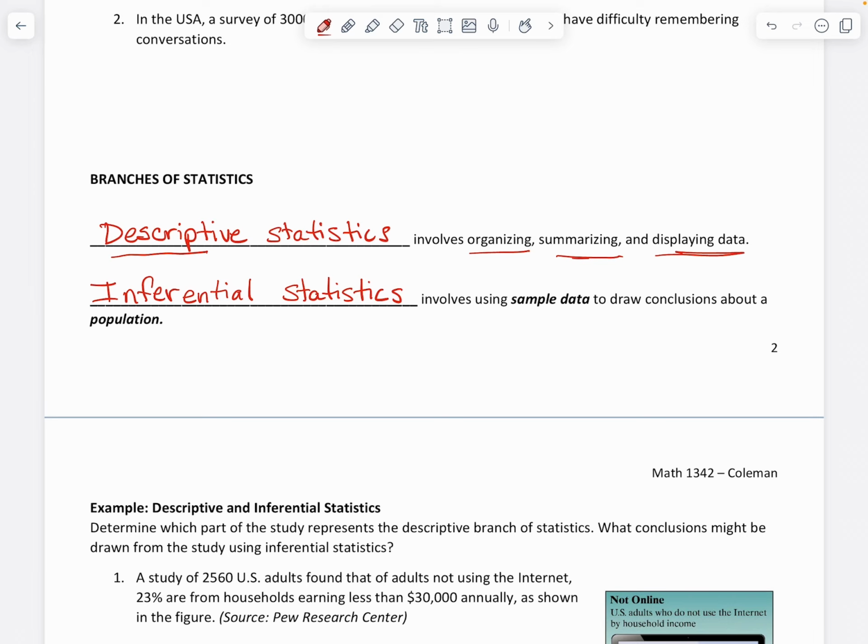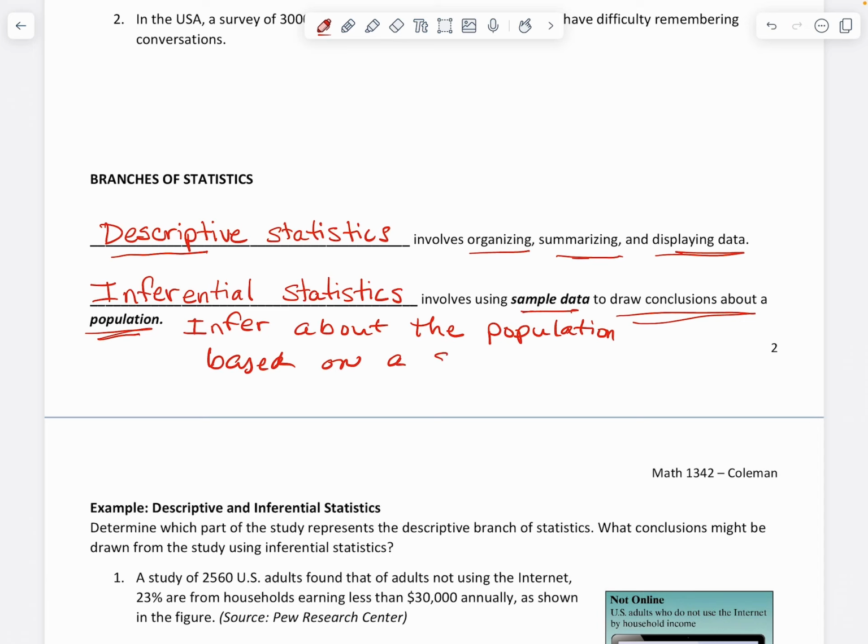Inferential involves using sample data to draw conclusions about the population. And again, that's what we're going to really focus on in this course. What do we infer about a population? So what are we going to infer about the population based on just a sample?